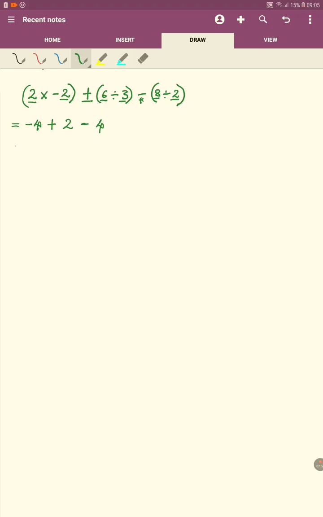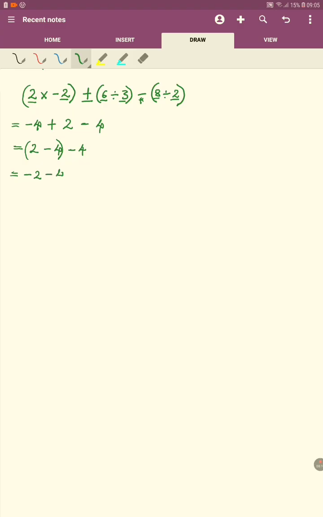And here it's much easier if you start by writing the positive number if all the other numbers are negative. So you're going to say 2 minus 4 minus 4. And if you deal with this first part first, you say 2 minus 4, you get your answer is minus 2.